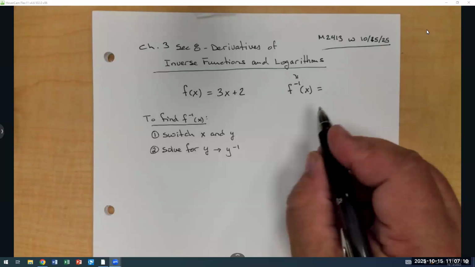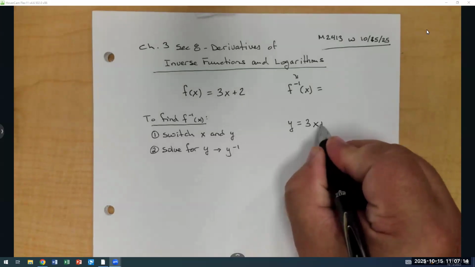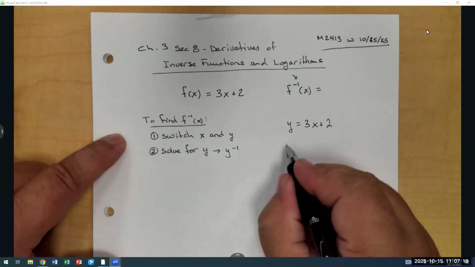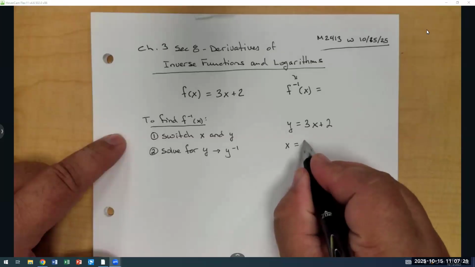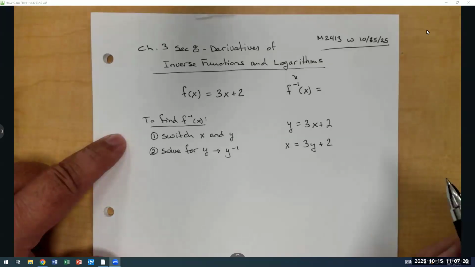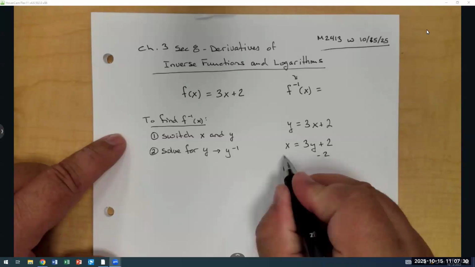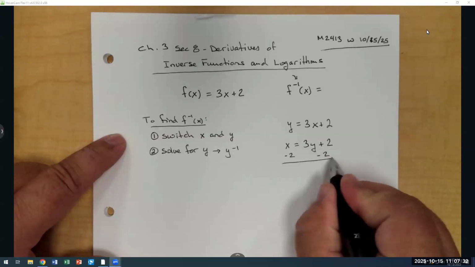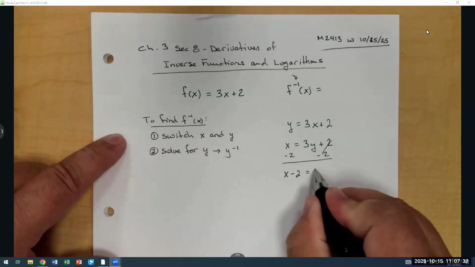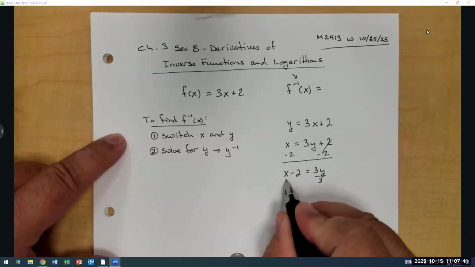So for this example here, we have y equals 3x plus 2. That's our function. First step, we switch x and y. Now we solve for y. Subtract 2 from both sides. We have x minus 2 equals 3y. And then divide by 3.